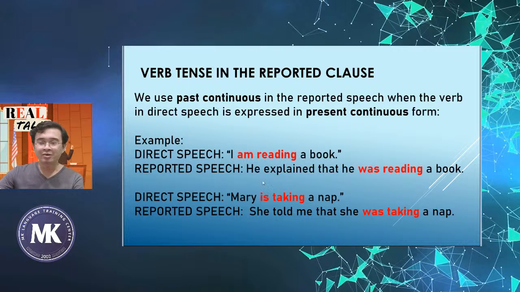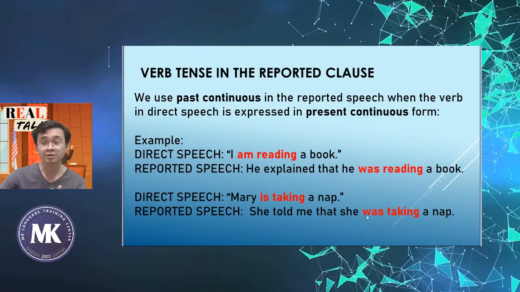And for our next example, we have "Mary is taking a nap." So right now, Mary is taking a nap. Someone says this, and if you want to change this into reported speech, we can say, "She told me that she was taking a nap." So here, if you notice, we have "she," it becomes "was" because she is only one.